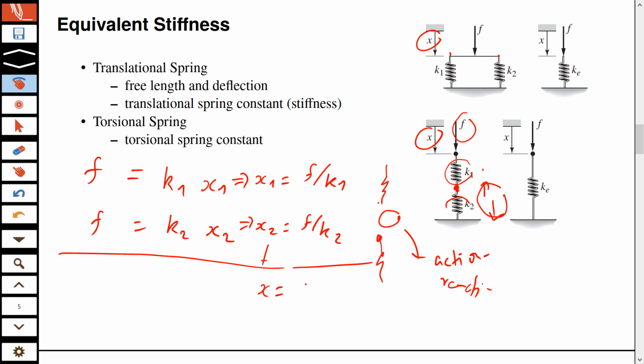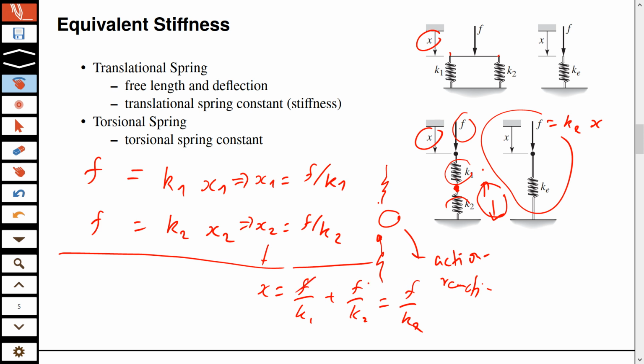And this will give me F over K1 plus F over K2. Yeah. So if I want to write this as an equivalent spring, that will give me F over Ke. Because I know that F must equal Ke x. So x must equal F over Ke. And if I now cancel F on both sides, I know that 1 over Ke, the equivalent, is 1 over K1 plus 1 over K2.